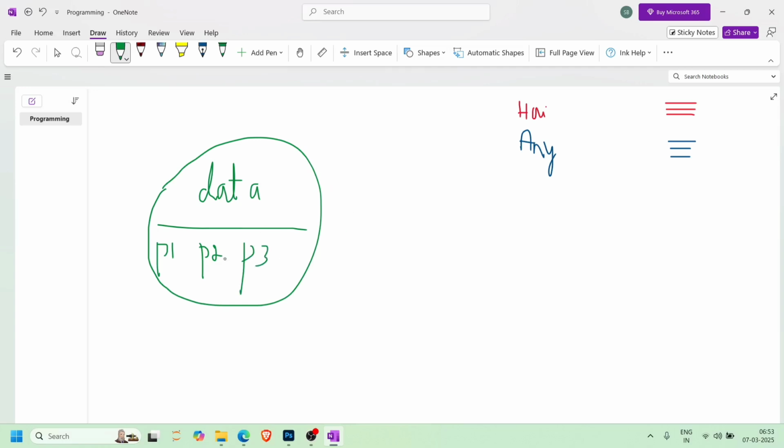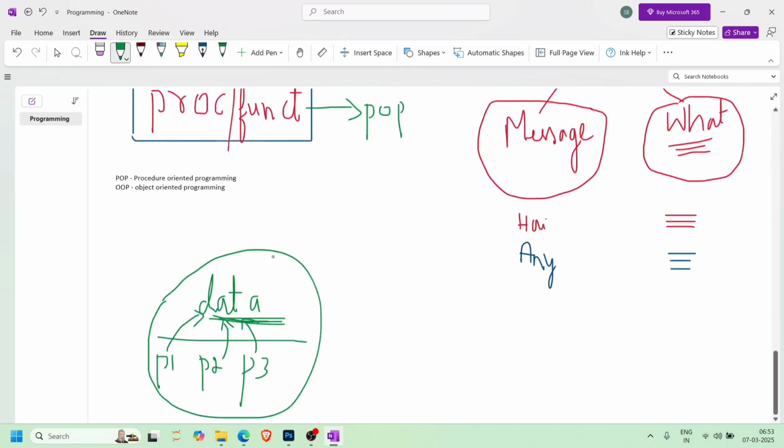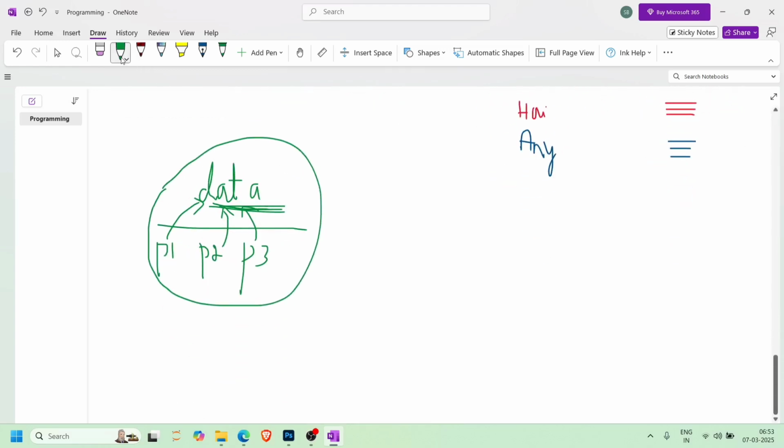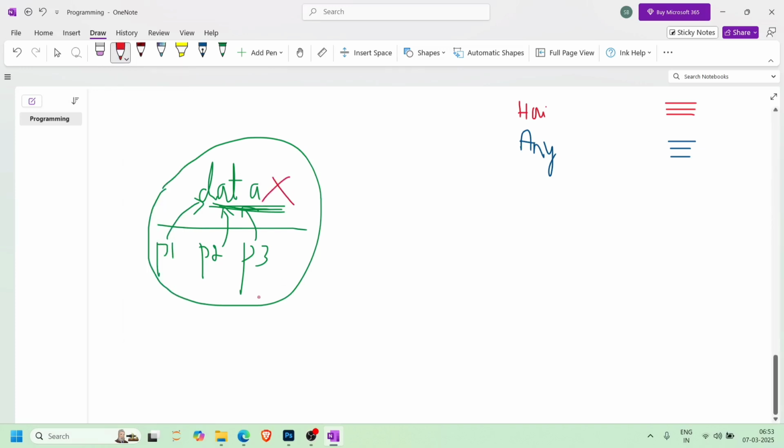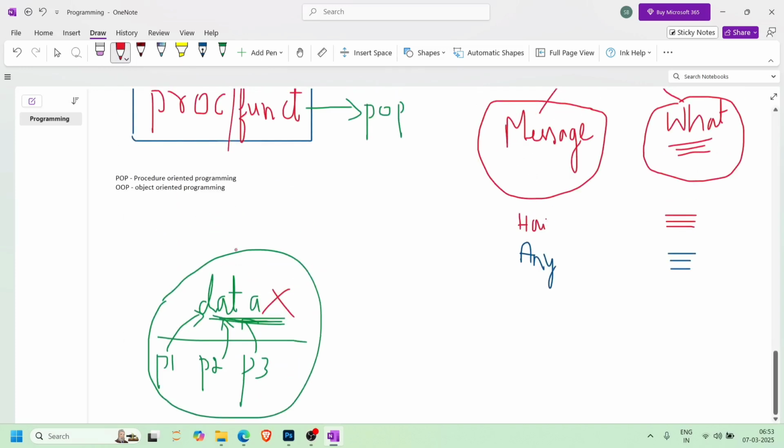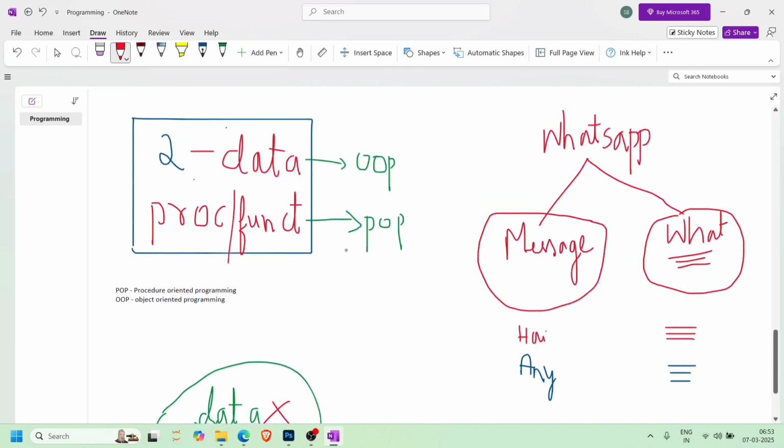Procedure 1 will access data and modify the data. Procedure 2 will access the data and again modify it. Procedure 3 will also access the data and modify it. So there was hardly any security for our data, and we could not take the data when we wanted to take a backup. So this is the old methodology.